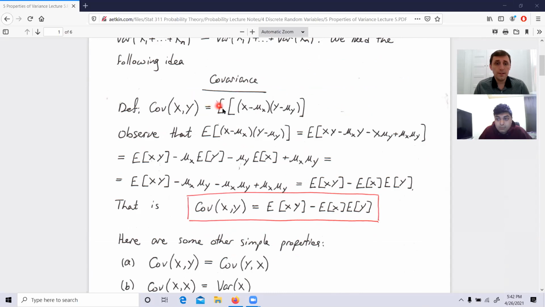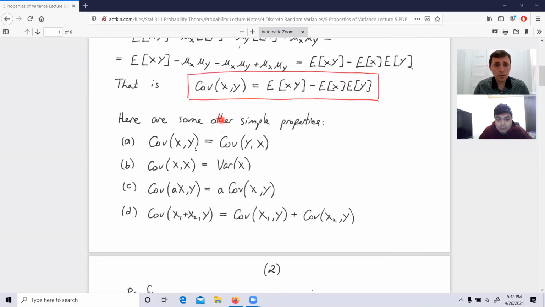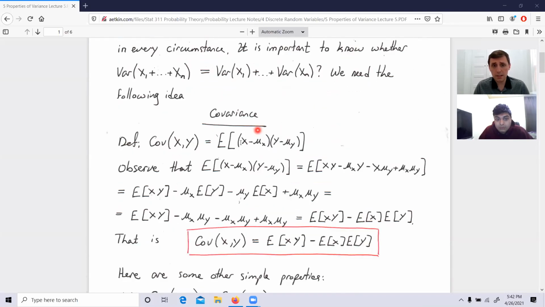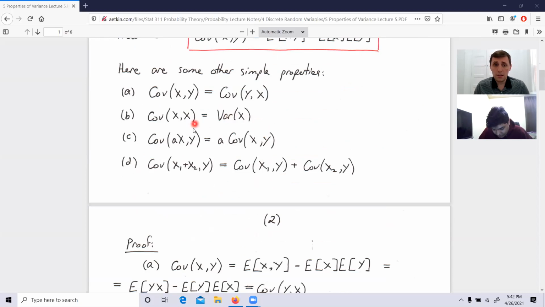And covariance of x with x, that's the definition of variance. It's just when you take x minus mu x squared. Covariance is linear when we fix one of the variables. Either fix the first or second variable and you will find that covariance is linear. That's statement C and D.